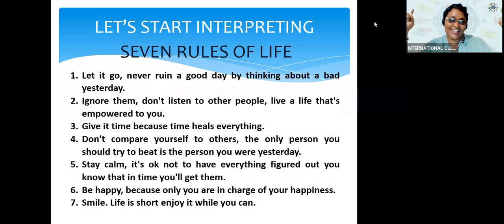I tweak it just in case you were just reading, because you are interpreting for the voice. And this is just what happens at presentations. Something is on the screen and the speaker decides to say something completely different, but the idea is still there in front of you. Number 5, stay calm. It's okay not to have everything figured out.